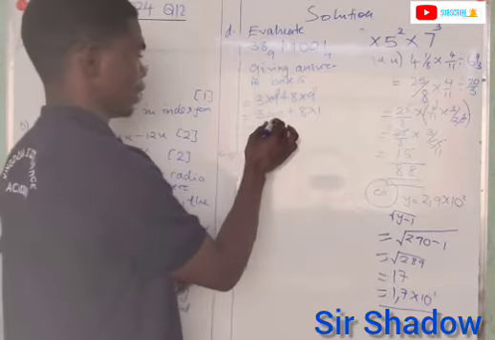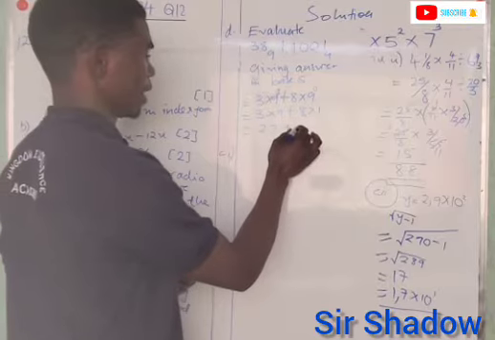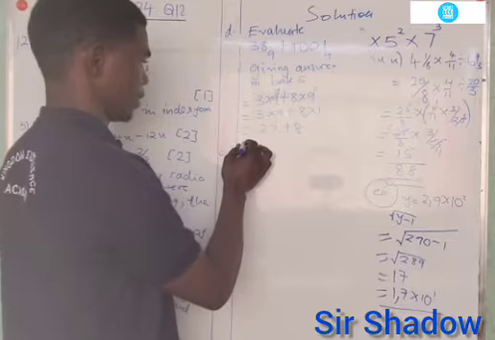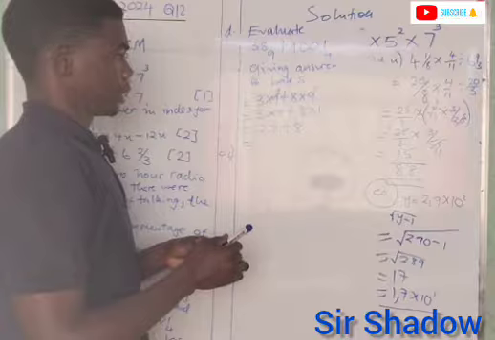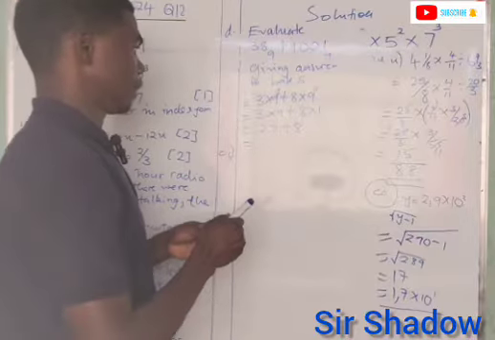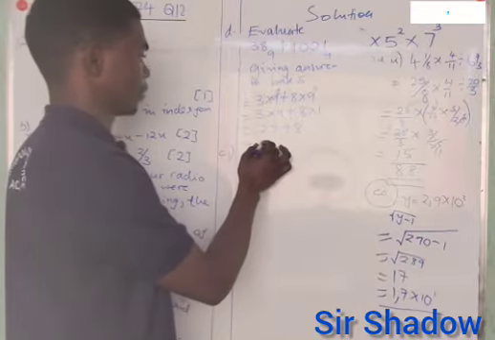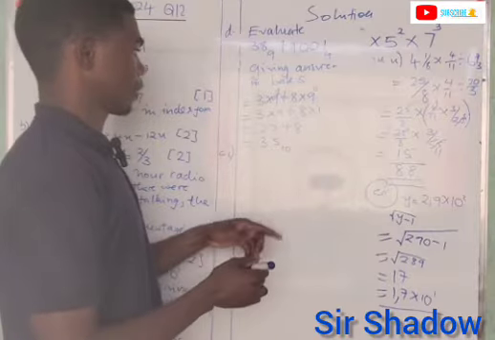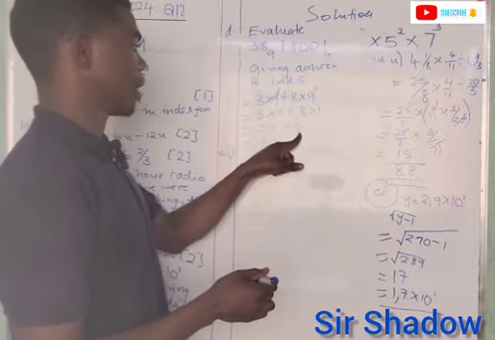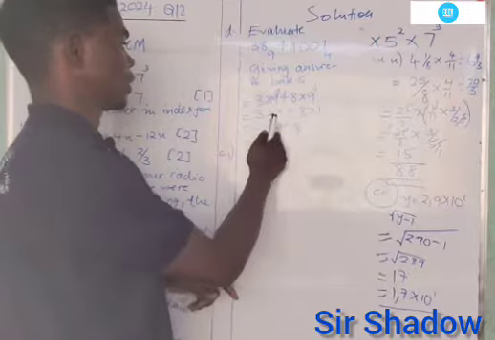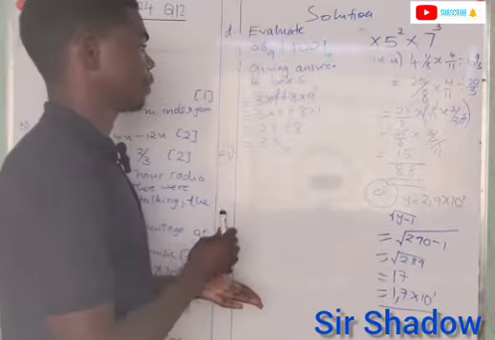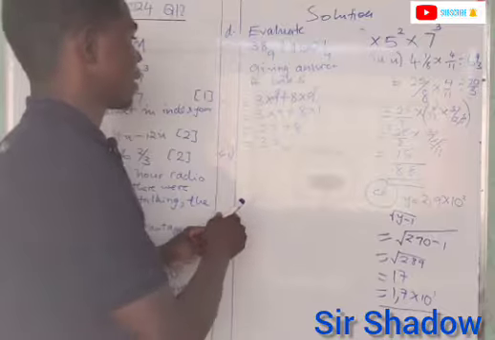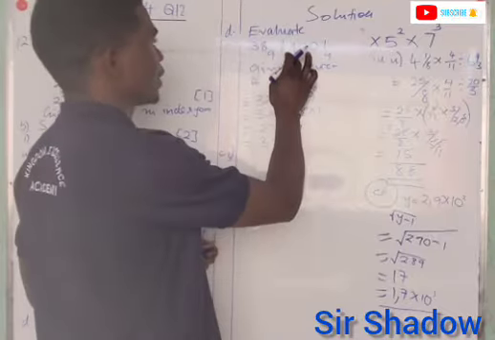This is equal to 27 plus 8, which is 35 base 10, right?